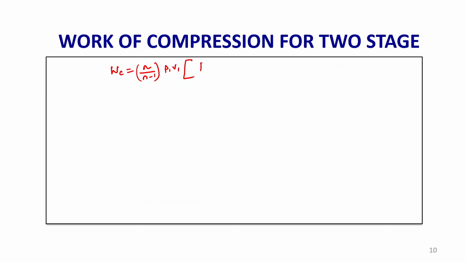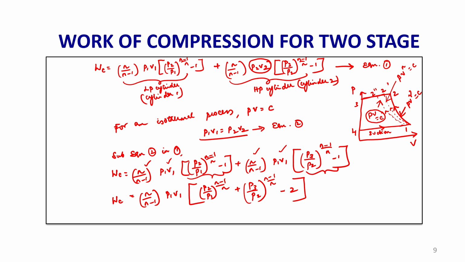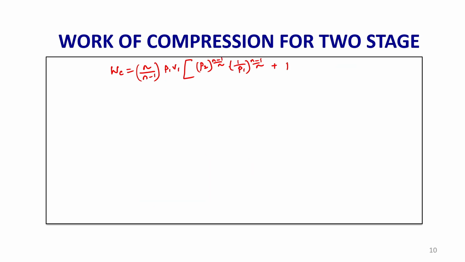So, the first term is P2 power n minus 1 by n multiplied by 1 by P1 power n minus 1 by n, P2 by P1 I have split it, plus P3 power n minus 1 by n into 1 by P2 power n minus 1 by n, minus 2.